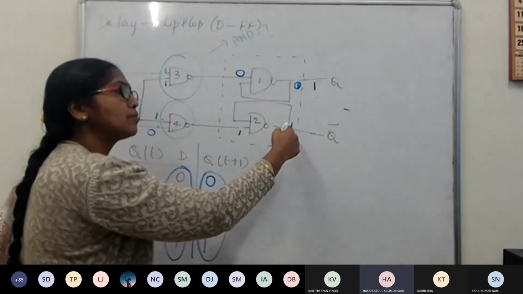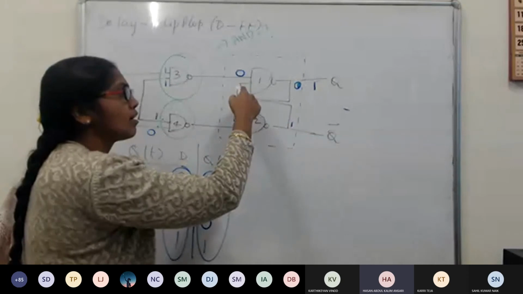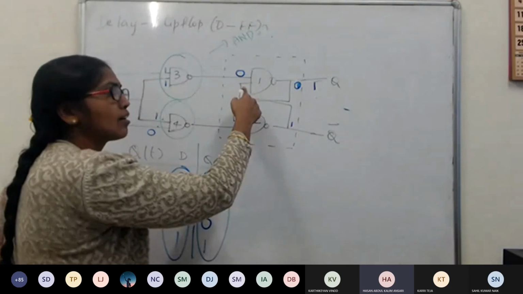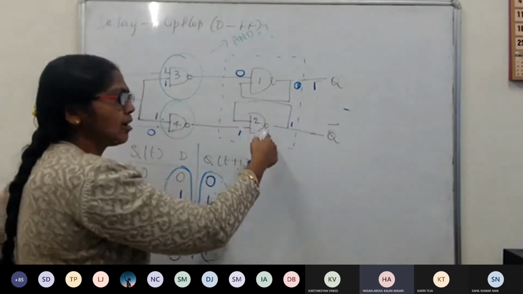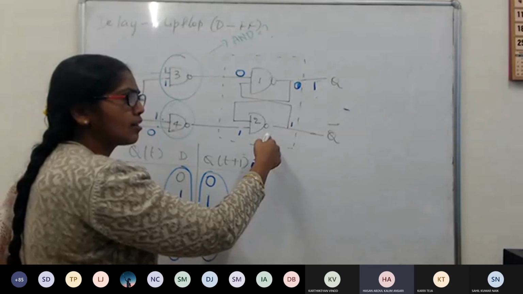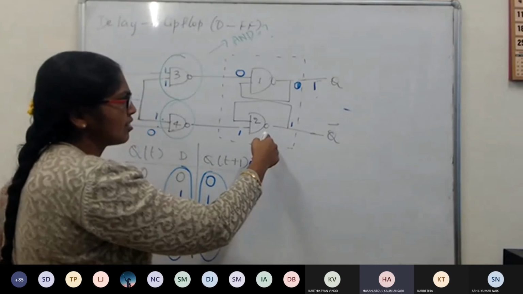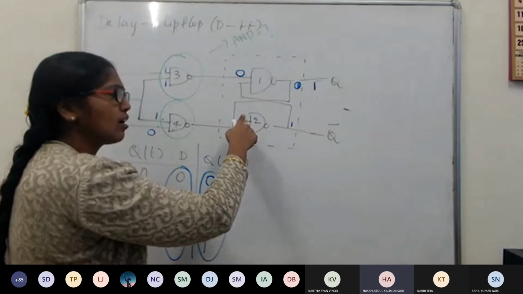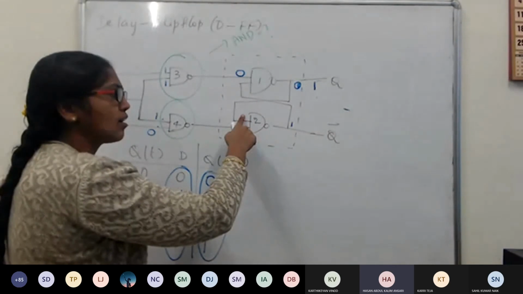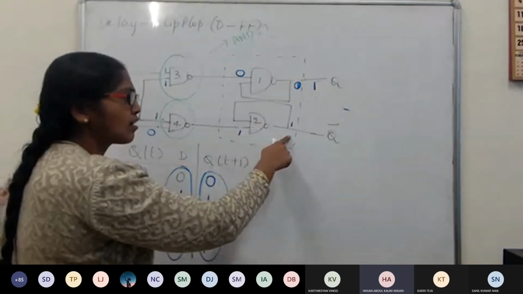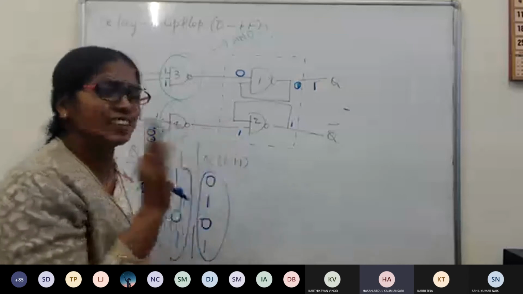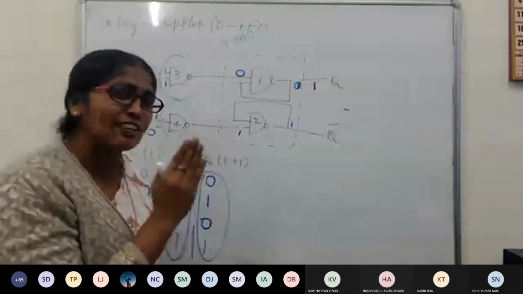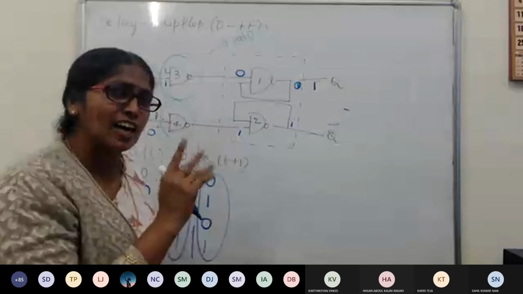Yes, no problem. Then if I am checking for gate 2, Q is 0. Gate 2, Q is 0. 0 and 1 will be 1. Correct, but that is at the T level. Now I am talking about T plus 1.